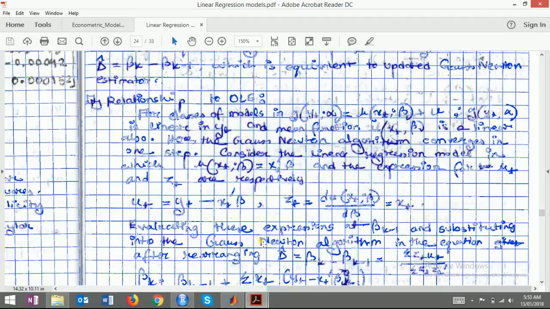Evaluating this expression at beta k minus 1 and substituting into the Gauss-Newton algorithm equation, after rearranging, delta hat, which is beta k minus beta k minus 1, equals the inverse of the sum of zt zt transpose times the sum of zt ut.